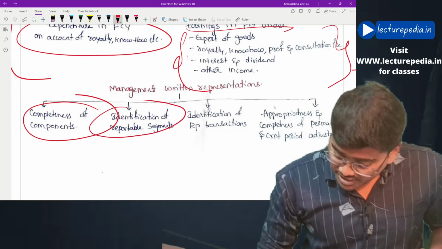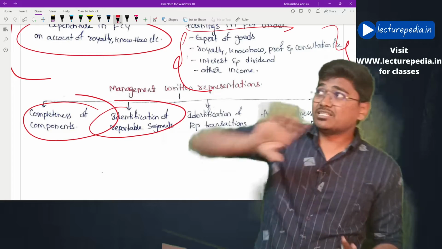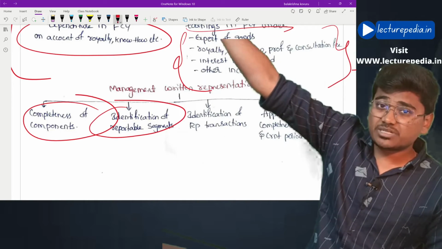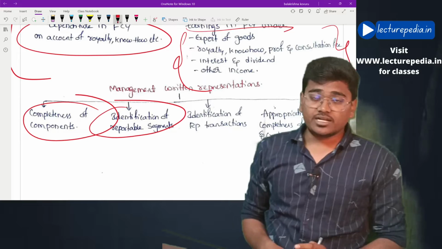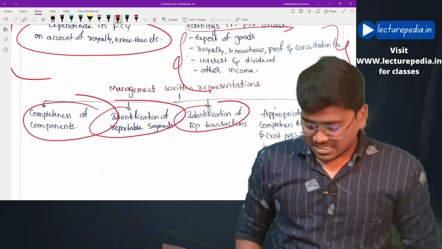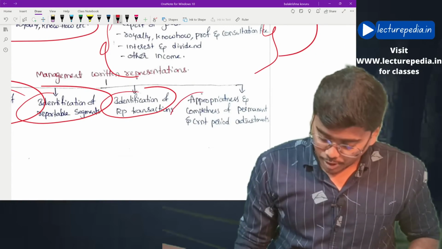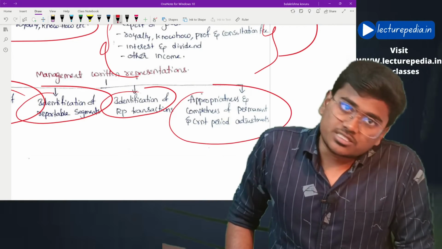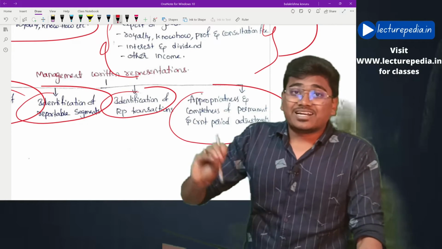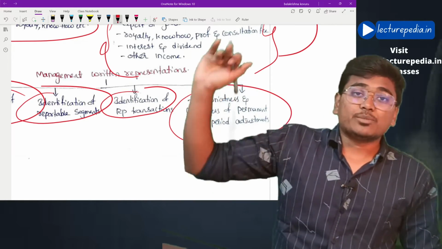Next, identification of reportable segments. Whether the management has identified all the reportable segments or has missed any reportable segment. You give a written representation regarding this. In the same way, related party transactions. Next, appropriateness and completeness of permanent and current period consolidation adjustments. These written representations have to be taken from the management.